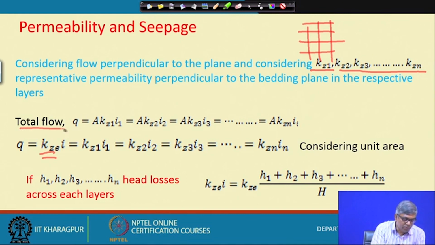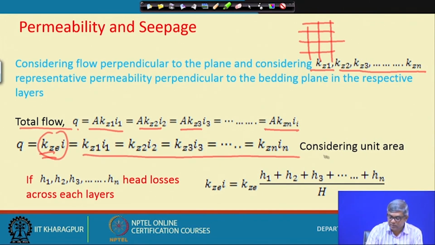So, total flow Q will be A Kz1 i. These are all the same, because as I have told you, the continuity equation has to be satisfied. Here A is there everywhere, and A can be removed because I am considering unit area.